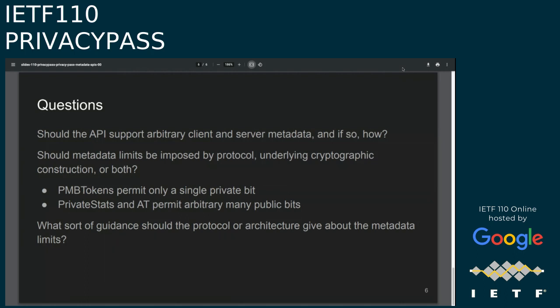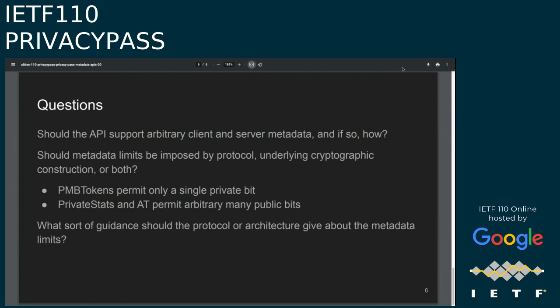So the question is, should the protocol and the API impose these limits, such that it's not left up to the applications to use arbitrary long metadata that would effectively defeat the entire privacy properties of PrivacyPass? And if so, how should it constrain it? What should the length be?